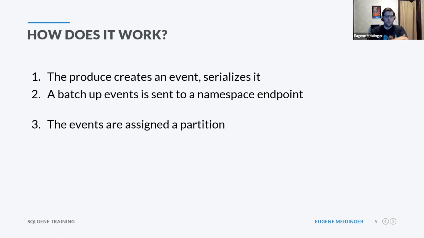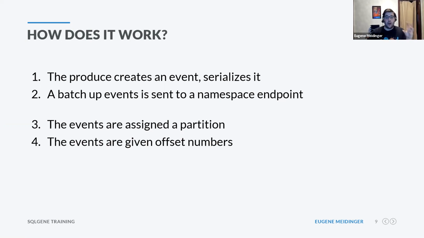But if you wanted to, you could specify the partition, but then you may have some unevenness with how that's managed. So the events are assigned to a partition, and they're given sequence numbers for the sequencing, and then there's an offset, which is based on the space, if I recall correctly.